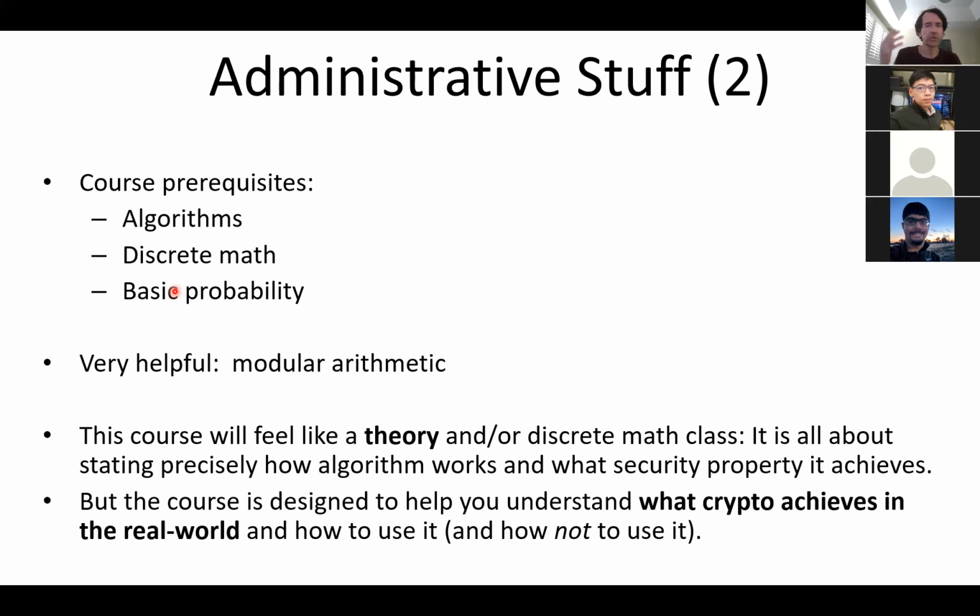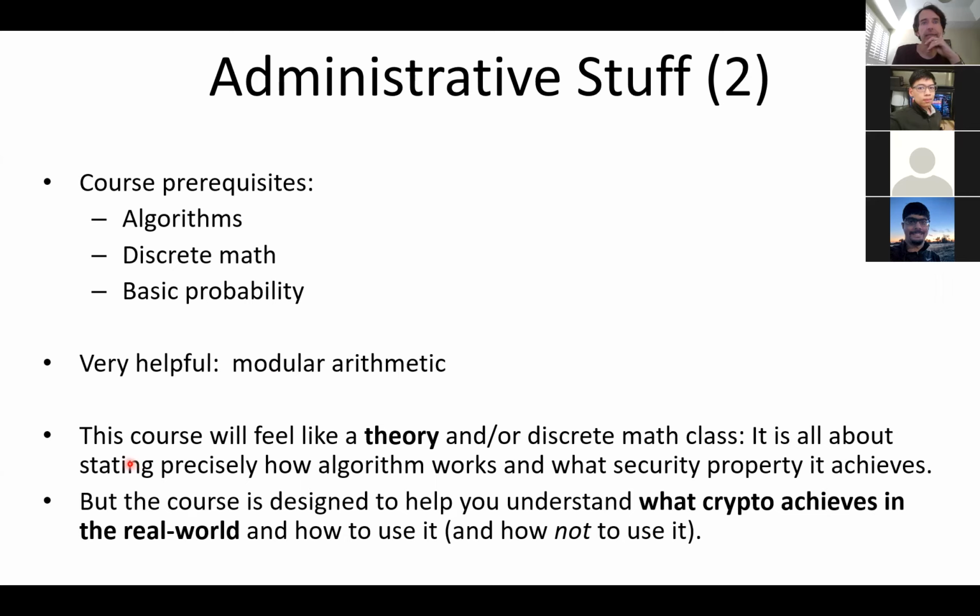It's much simpler than the kind of probability and statistics needed to understand, say, learning algorithms. If you remember modular arithmetic from discrete math or some other math class, that is very helpful. But the level that is taught here in ICS 6D is just right to enter.